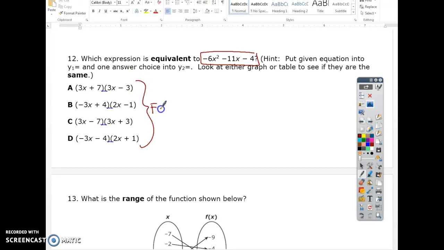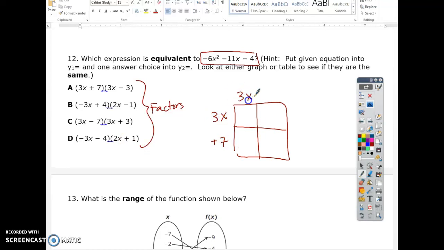These are factors. Okay, so you can do 4 boxes. 1, 2, 3, 4. Multiply them all out. 3x plus 7 times 3x minus 3. And see which one of these gives you this.